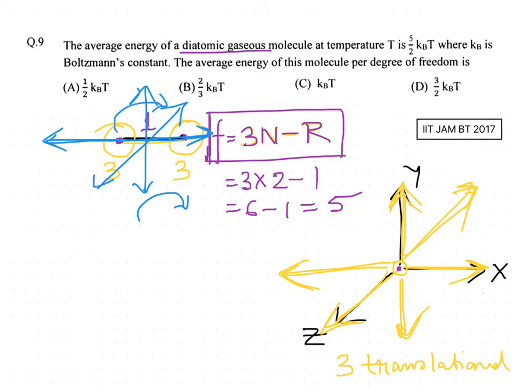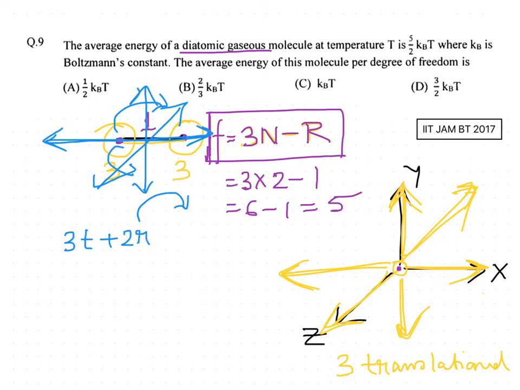It can also rotate in this plane, that is along the z-axis. But along the y-axis it cannot rotate. So it has 3 translational motions plus 2 rotational motions.